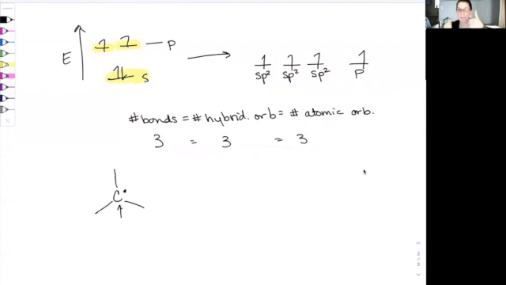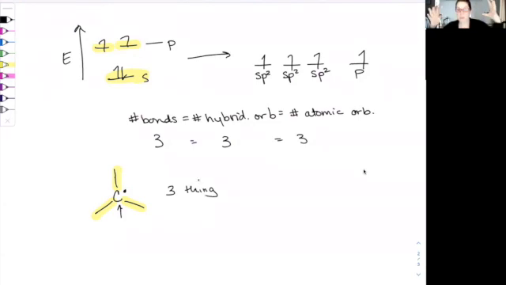We count bonding groups and lone pairs. In this case, we have 3 bonding groups. We're calling them bonding groups because it doesn't matter if it's a single bond, double bond, or triple bond. This is a lone electron. It is not a lone pair, so we don't count it. We're only counting lone pairs and bonding groups. So there are 3 things attached.